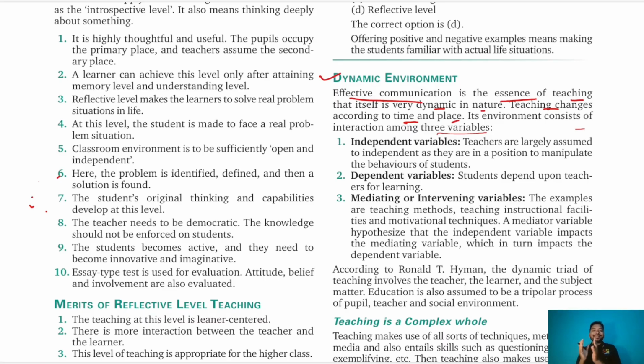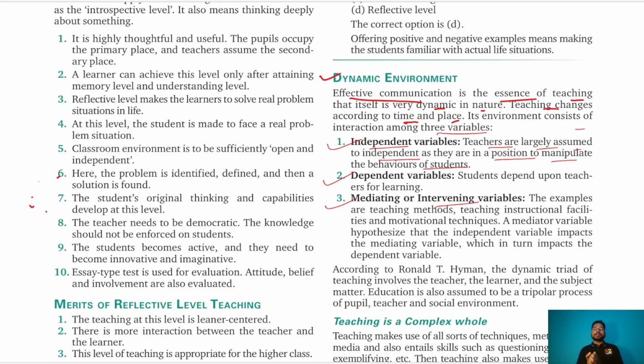What are these? They are the independent variable, the dependent variable, and the mediating or intervening variable. Who comes under the independent variable? Teachers are largely assumed to be independent, as they are in a position to manipulate the behavior of students.